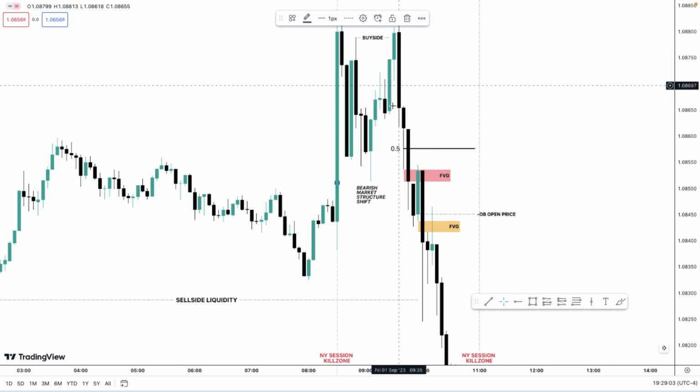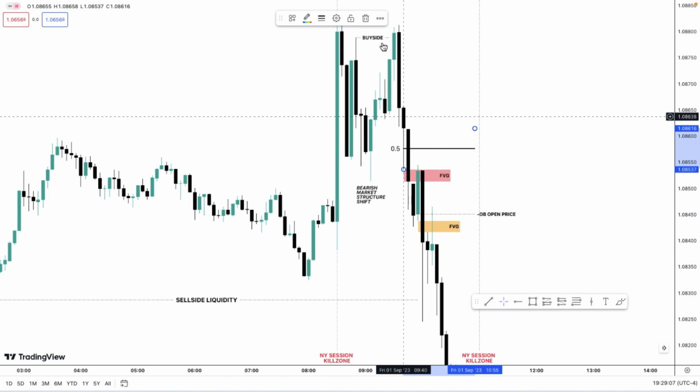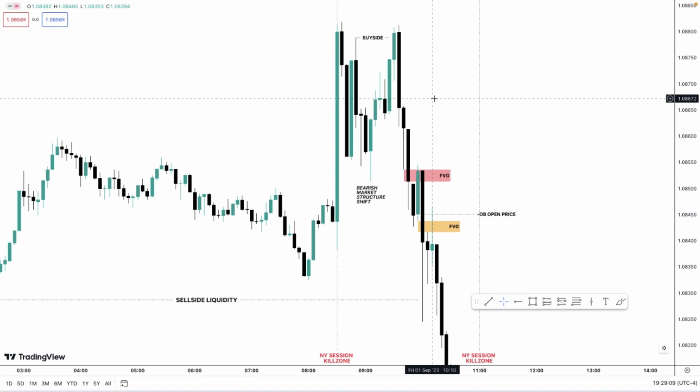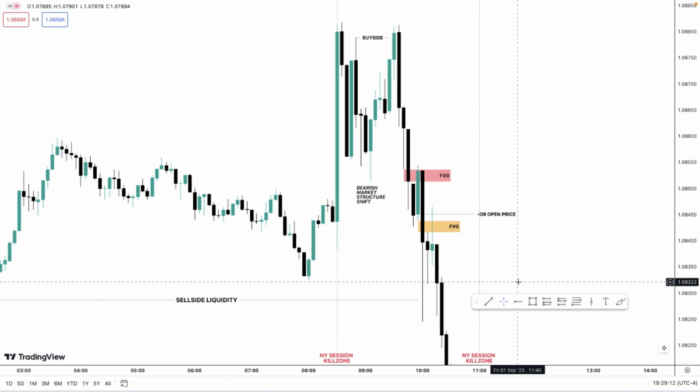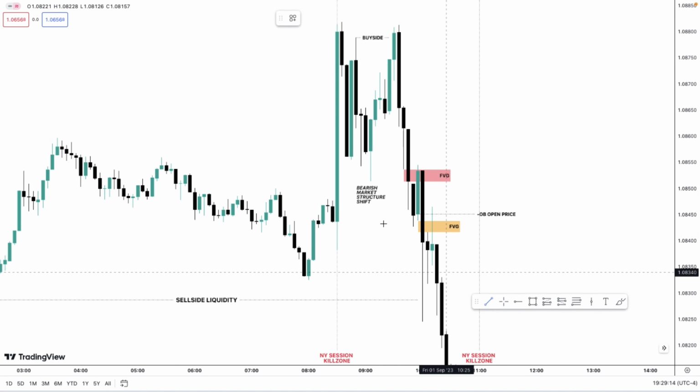So when that swing low is taken out with displacement, in other words, impulsively, we look to see, is there a fair value gap? So this low was taken out by this candle here. It took it out and then created the low and then eventually went higher to close there. On a 5 minute basis, it went higher to close.